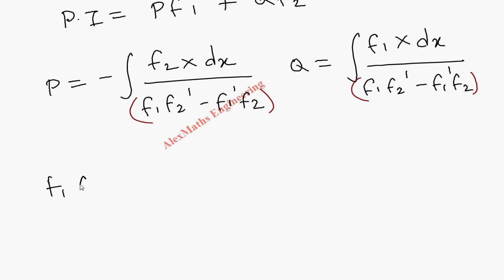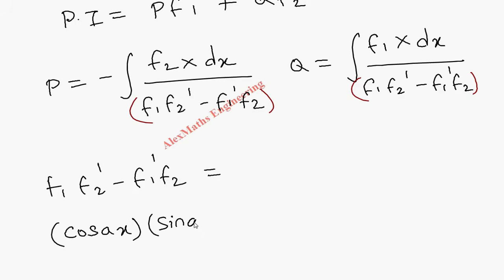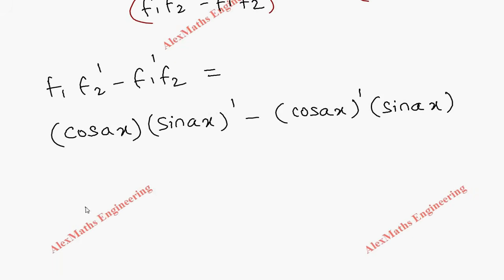So f1 f2 dash minus f1 dash f2 is equal to f1, which is cos ax, into f2 dash, which is sin ax whole dash, minus cos ax whole dash into sin ax. Now let's find its derivative.